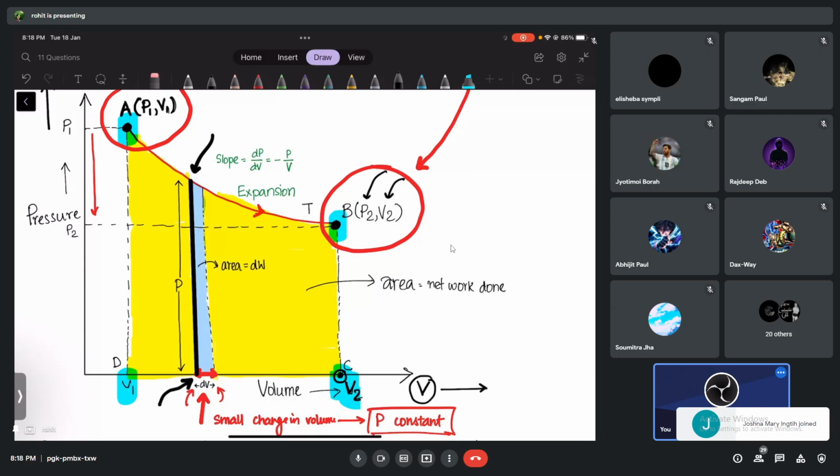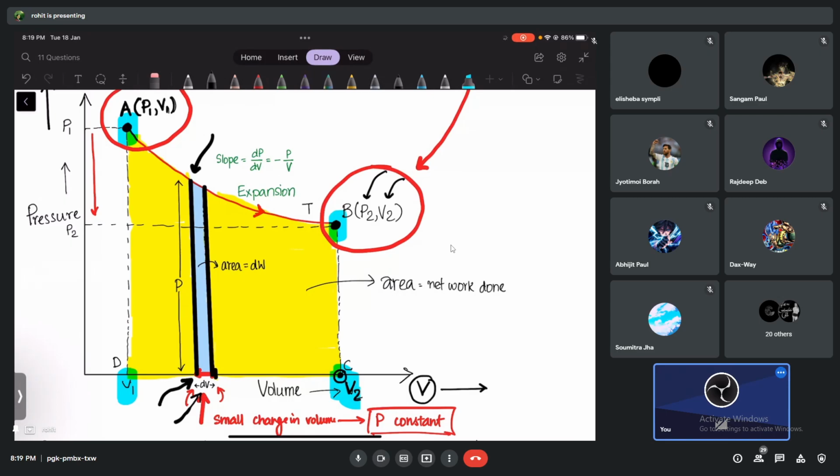Now check, after a volume of dV, can I imagine this black arrow to be almost the same as the first black arrow or not? Almost same. That is what I meant to say. That means for a very small change of volume, I can imagine the pressure to be constant.